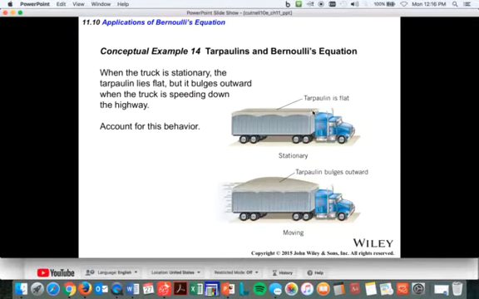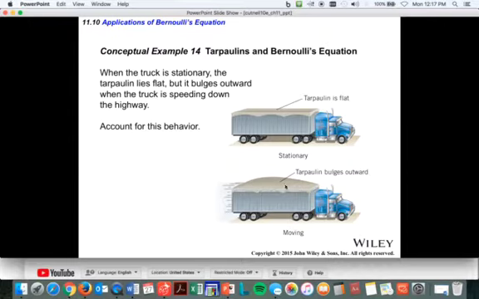The truck is stationary. The tarpaulin is nice and flat. The truck starts moving. Account for this behavior. Fast moving air on top, slow moving air on the bottom. This is how you can see leaves in the back of a pickup truck, where they're hauling leaves, or maybe there's just some leaves or a napkin from a workman, and the wind makes it rise up above the bed of the truck, and then it flies back once it catches the wind, and comes zipping past you.